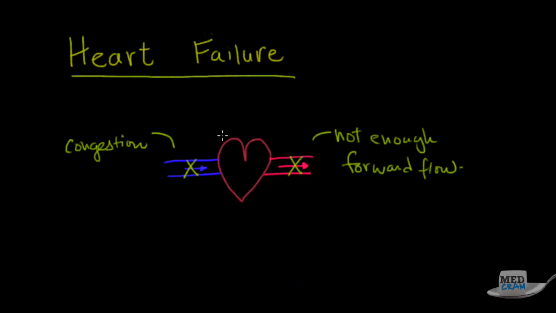This is like an accident on the freeway. There is no traffic in front of the accident because there's not enough forward flow, but we certainly know that there's plenty of traffic before the accident, and there's quite a bit of congestion.